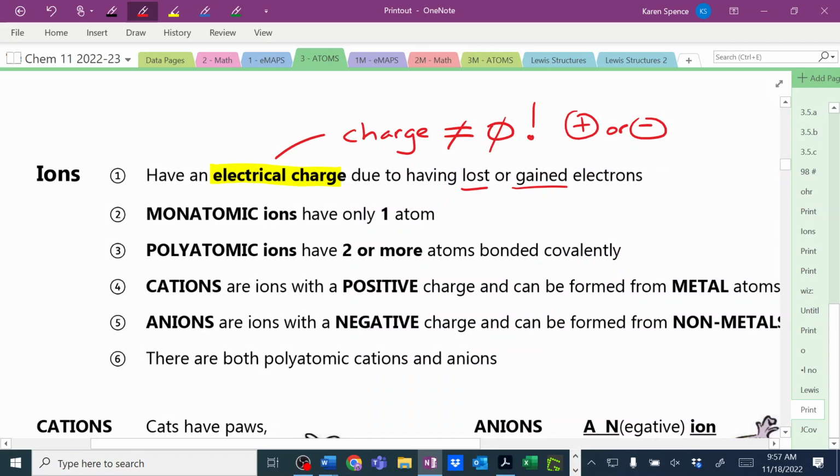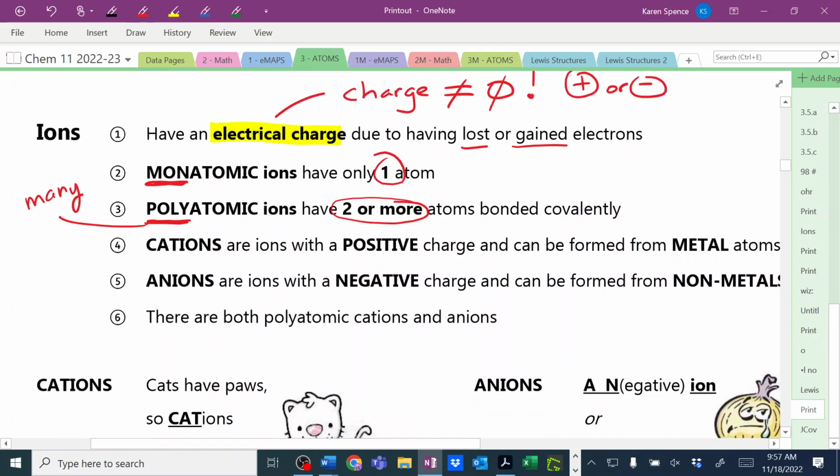What does it mean to be monatomic? 1. Poly means many. So a polyatomic ion has many atoms bonded together, so we can say 2 or more.